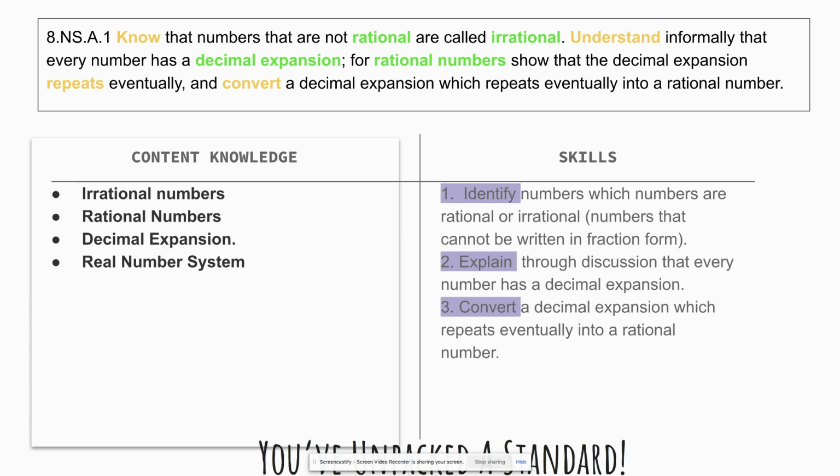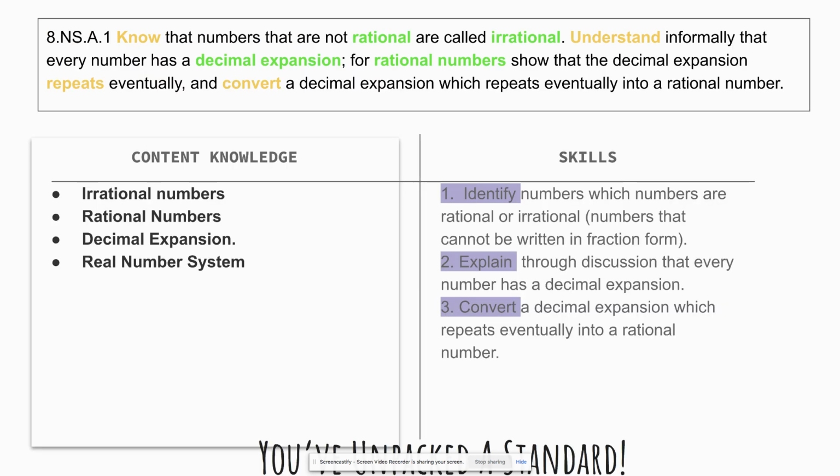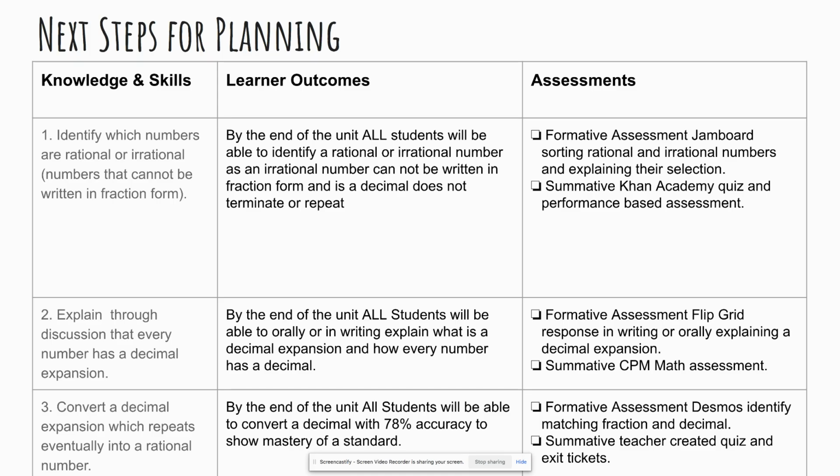So once you've unpacked a standard by identifying the content knowledge and the skills, then we can start taking some next steps for planning. We can take those three skills, 1, 2, 3, highlighted here, and include them in our planning. With each of those knowledge and skills, we want to identify both a learning outcome and an assessment.